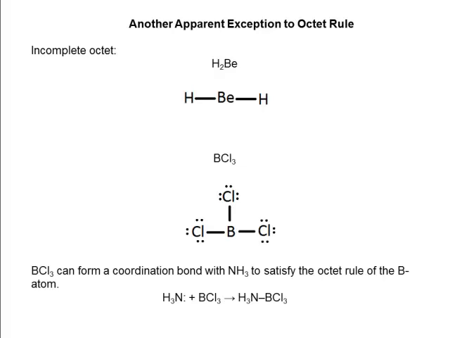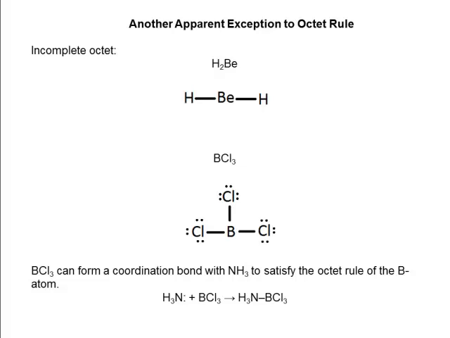So for example, if I put BCl3 and mix it with NH3, the lone pair on that nitrogen can attach to the boron and form a bond between those. So then boron gets its octet that way. Okay, but those are 2 examples of incomplete octets, and those are the main 2 examples. We don't see the incomplete too often. Okay, so we have to worry about expanded octets, we have to worry about incomplete octets.